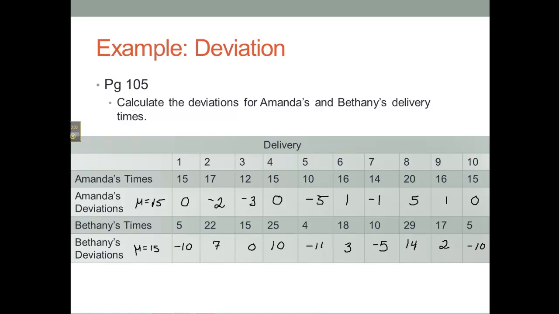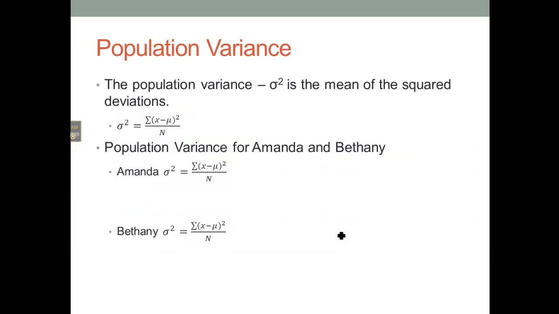And just like magic, our entire chart is filled in. So again, I subtracted this minus this to get these deviations. When we calculate standard deviation, we're going to have to add all these up and have them squared, and we'll get there. All right, so now we're going to talk about population variance.